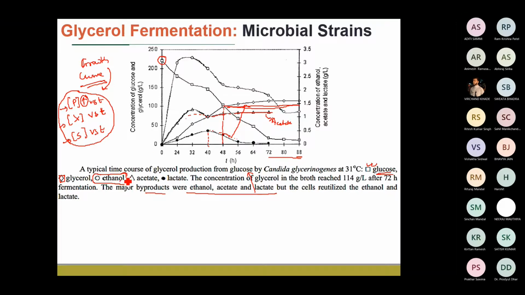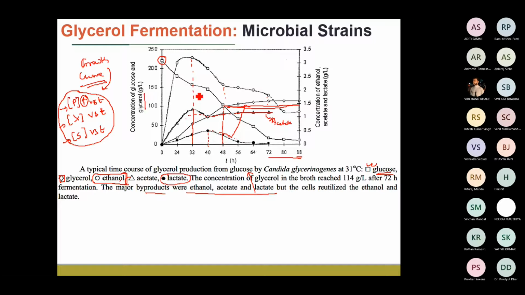And again, the ethanol, you can see that it goes up to a maximum until 32 hours, and then its concentration is decreasing with time in a stepwise manner. That means whatever ethanol has been there is being used for the production of the glycerol. So both these derivatives, the ethanol and the lactate, are used up for the production of the glycerol.